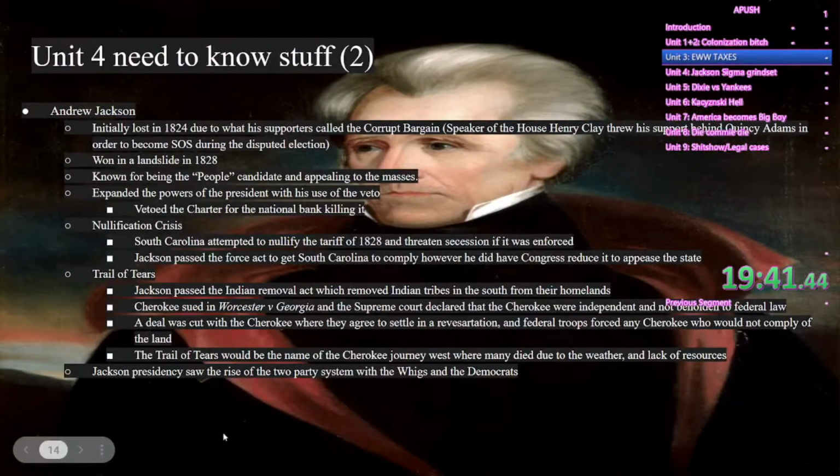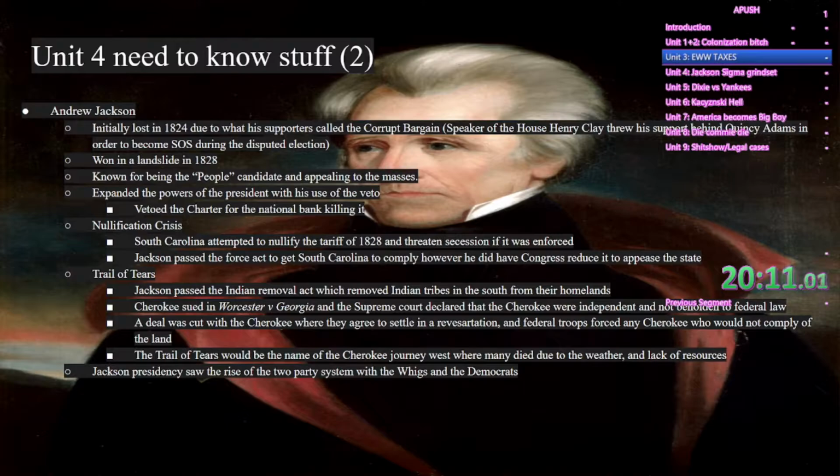So you have Andrew Jackson, and he initially lost in 1824 due to what his supporters called the corrupt bargain. Just to explain this simply, Speaker of the House Henry Clay threw his support behind John Quincy Adams, and basically declared him the winner in the disputed presidential election of 1824.